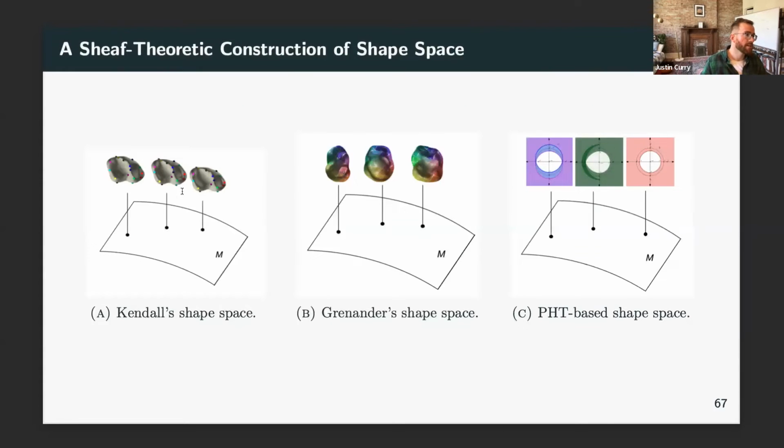So Kendall basically just takes a shape, represents it as essentially a point cloud by looking at landmarks, and then measures distances between matrices in terms of how much you need to align or rotate one matrix to get to the other. Grenander is augured by earlier work by Peter Michor, who's a differential geometer.